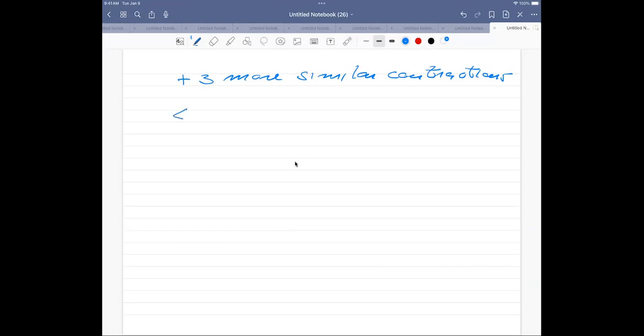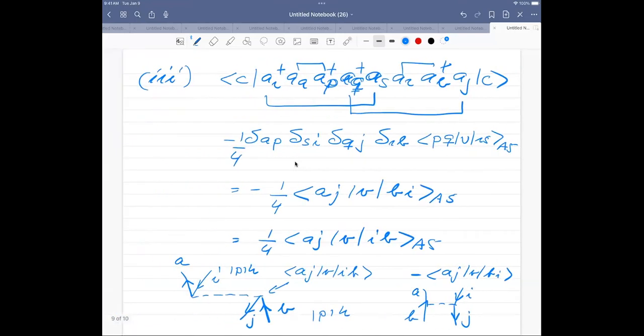So we had C of AI of AA, an AP dagger, an AQ dagger, and then we have AS, AR of AB of AJ acting on C. So in the previous case, we linked AA with AP, but now we could simply change AA with AQ, just to give you an example.